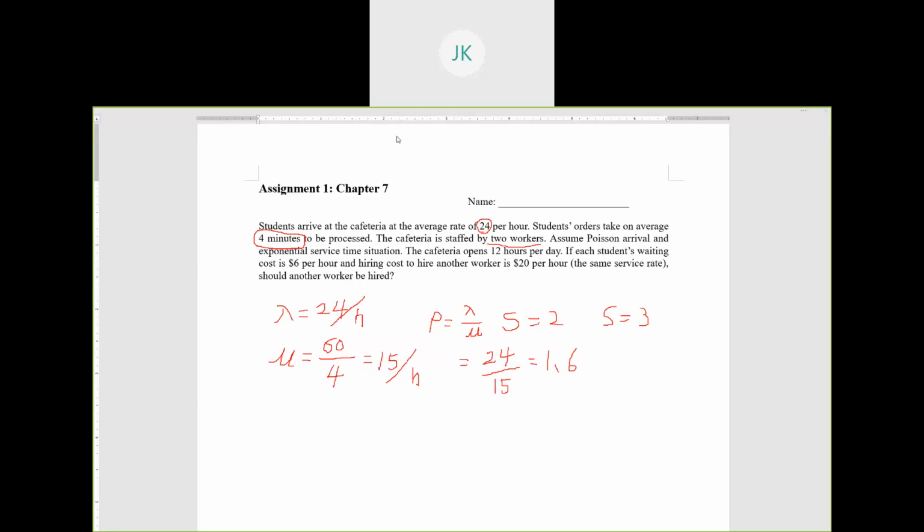From the chart, average utilization 1.6, LQ when 2 workers work is 2.844, when 3 workers work, LQ is 0.313.